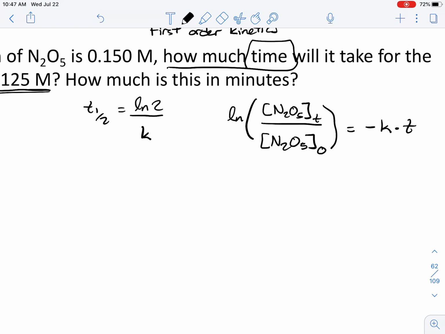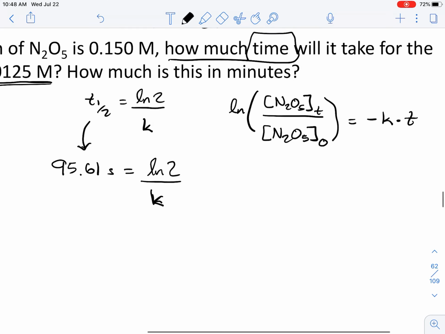So I'm going to replace T1/2 with 95.61 seconds, and that's going to equal the natural log of 2 over the rate constant K. And so I'm going to solve for the rate constant K by multiplying K to the other side and then dividing by 95.61.